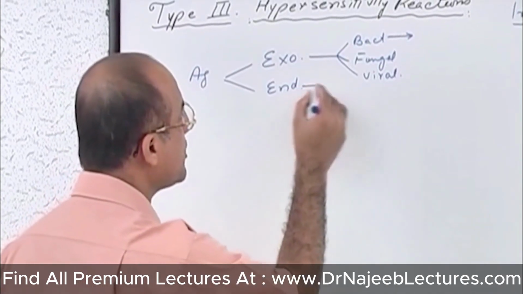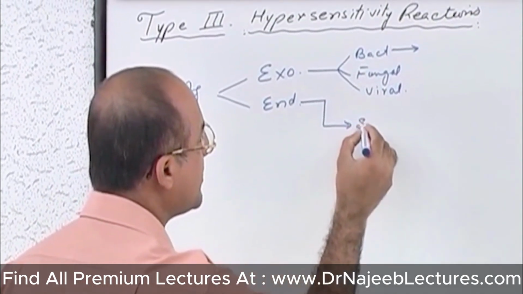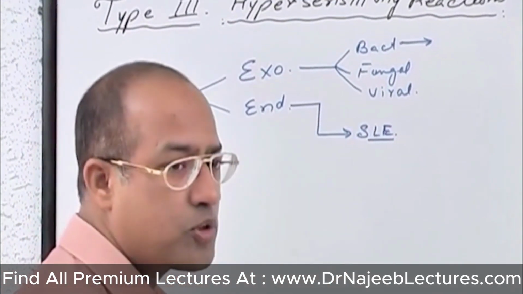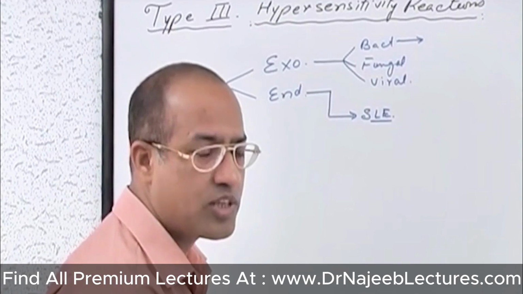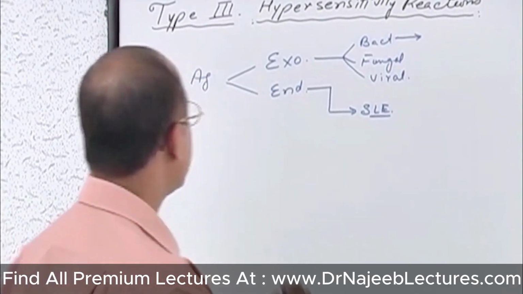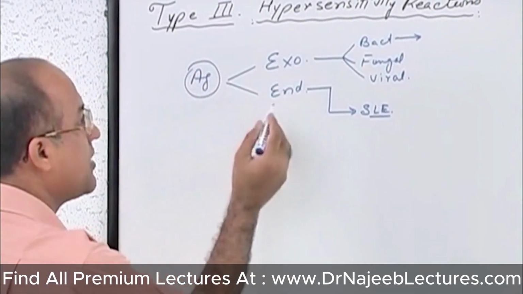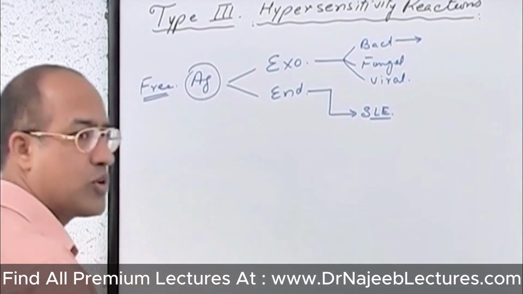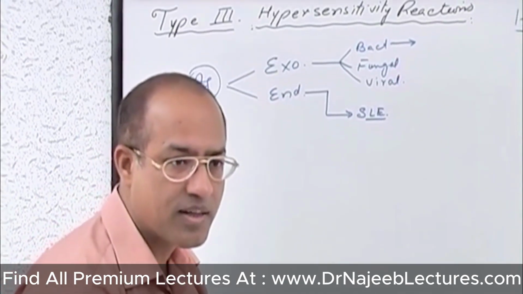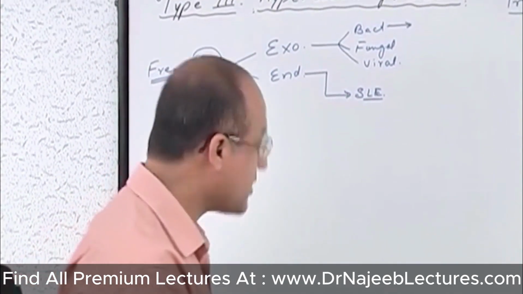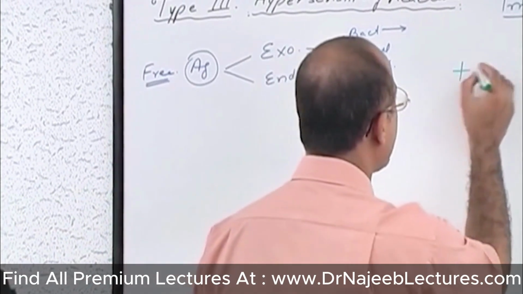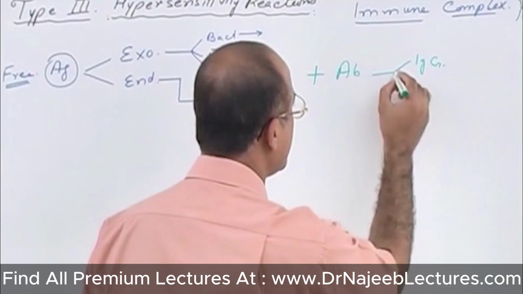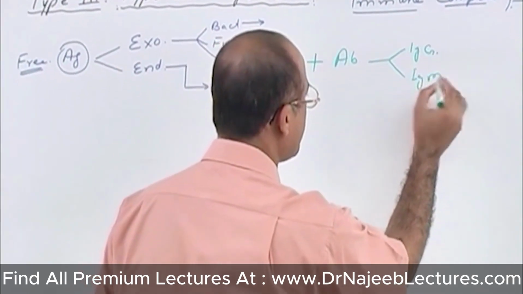Or antigens may be endogenous. For example, in SLE, you find DNA or nucleoprotein may act as antigens against which the antibody reaction is there. So antigens may be endogenous or exogenous, and these are free antigens. They are not intrinsic to the tissue in which the reaction is occurring. These antigens react with the antibodies, and antibodies may be IgG or IgM.